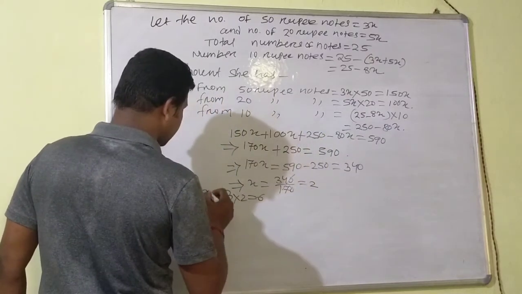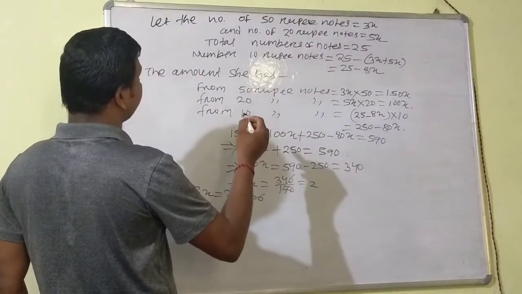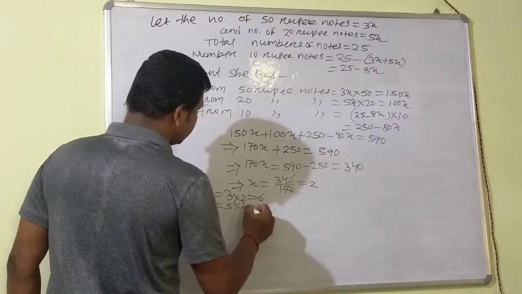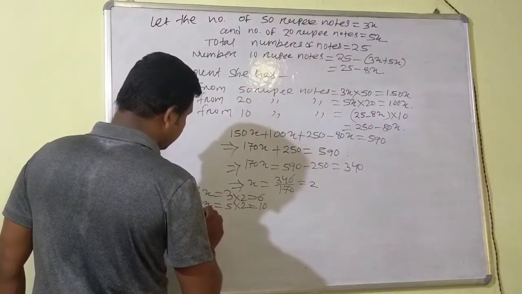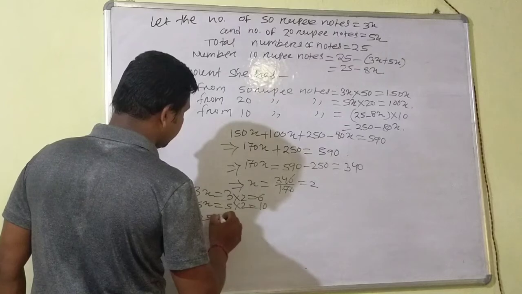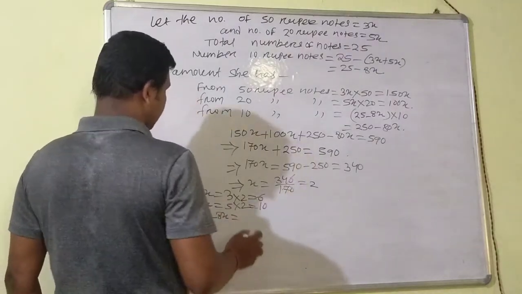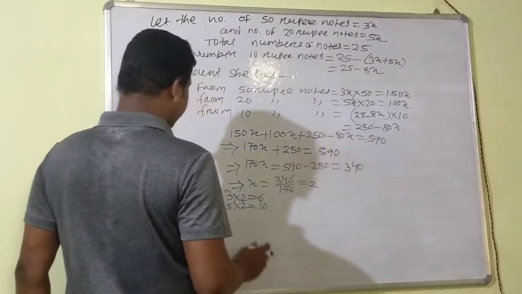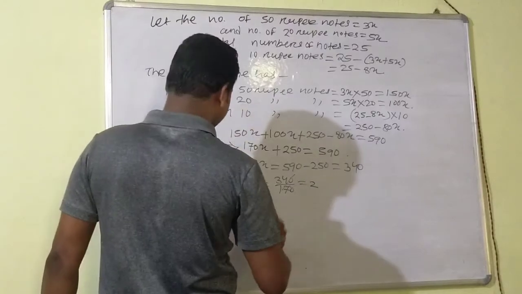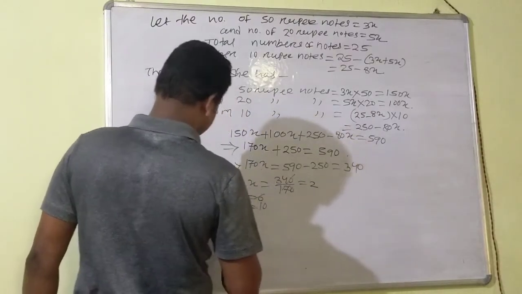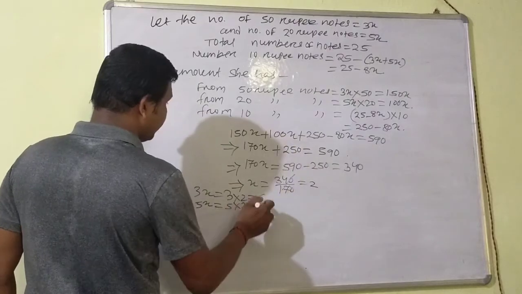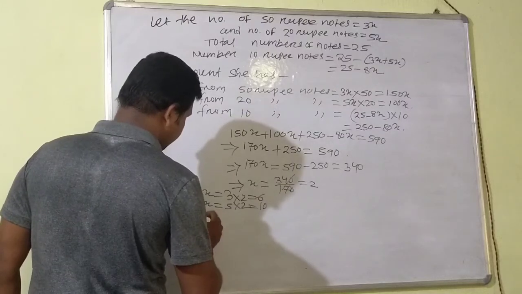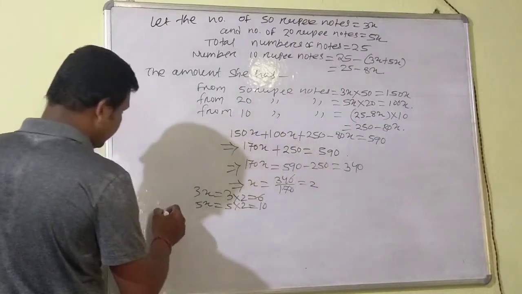So the number of 50 rupee notes, that is 3x, 3 into 2, that is 6. Then the number of 20 rupee notes, that is 5x, 5 into 2, that is 10. Then 10 rupee notes, that is 25 minus 8x. Or we know the total number of notes is 25, so 10 rupee notes be 25 minus 16, that is 9. After that we will write the conclusion.